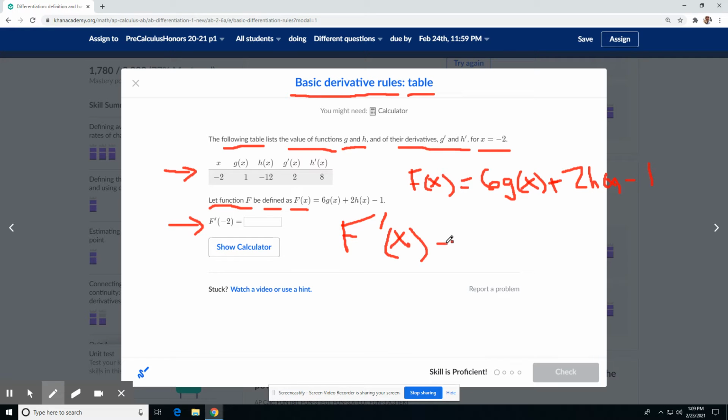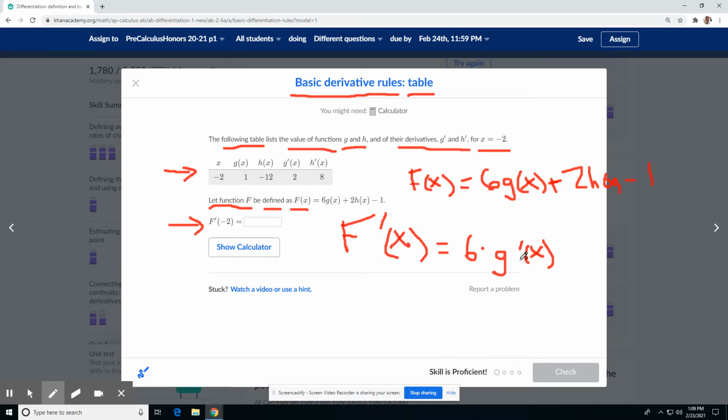So the derivative is going to be the derivative of each term separately. So the derivative of the first term right here, the 6 goes out in front, and it's going to be times whatever that g derivative is. Okay, so with respect to x. X is our input.